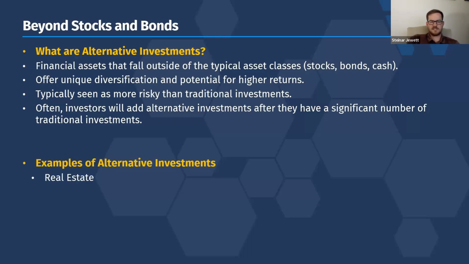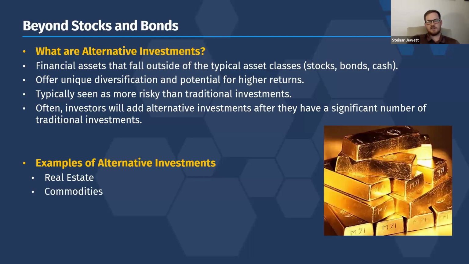One of them is real estate, which is one of the more common alternative investments, like buying a rental house or an apartment building, things of that nature. Commodities are another alternative investment. This could be gold, oil, silver, different things of that nature. Collectibles are another alternative investment. This could be rare artwork, baseball cards, or stamps.